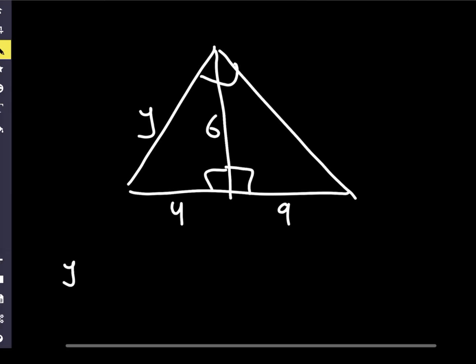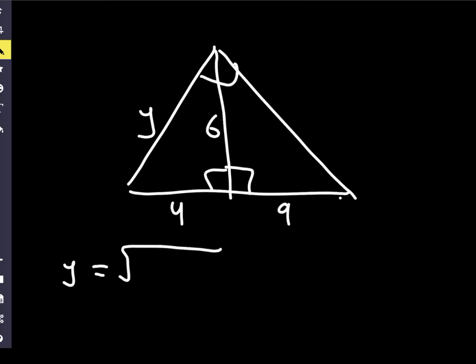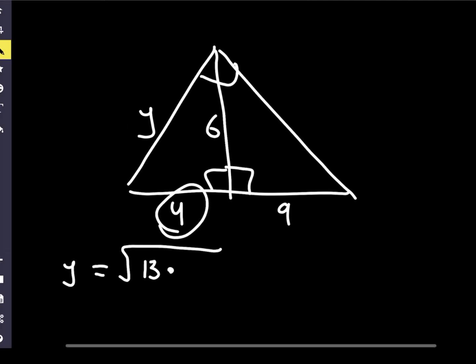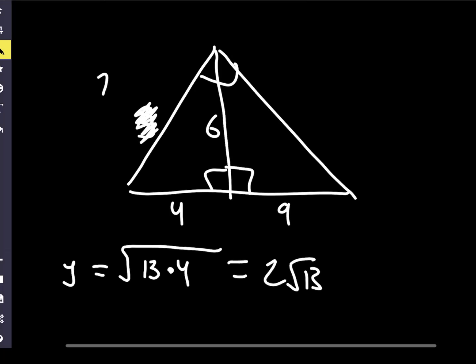Y is going to be equal to the square root of the whole side, 4 plus 9 is 13, times the adjacent side. This side and this side. This is the adjacent side. That's going to equal 2 radical 13. So y is going to be equal to 2 radical 13.